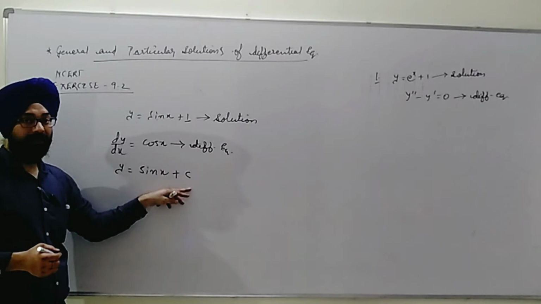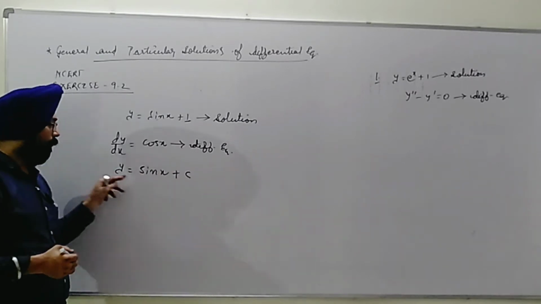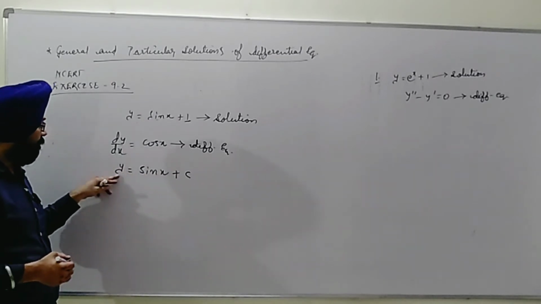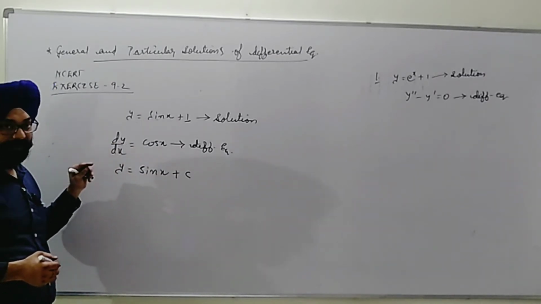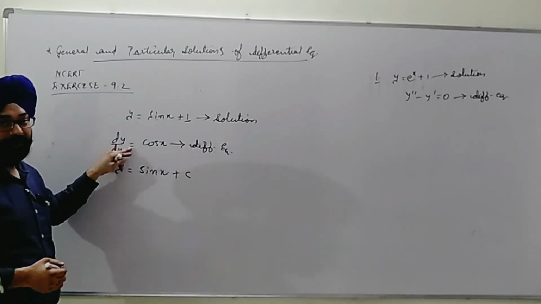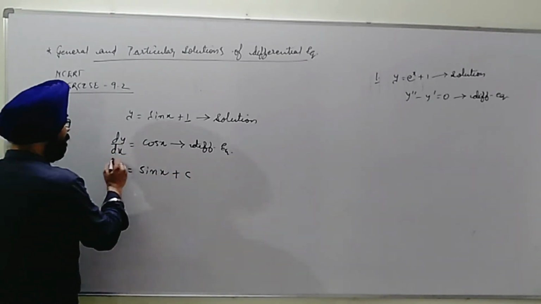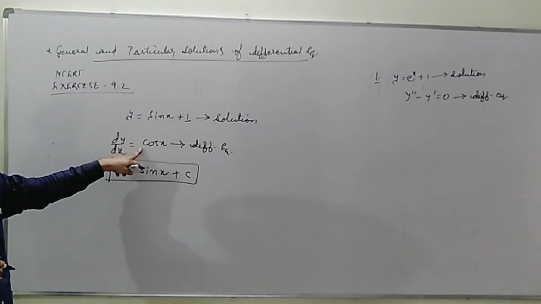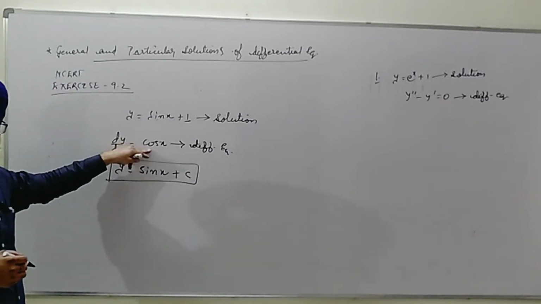We may get any constant, but if I change c, like I say minus 2, still its differentiation will remain as it is. If I say plus 1 upon 3, still we will get the same differential equation. Means this contains more than one solution of the differential equation dy by dx equal to cos x.